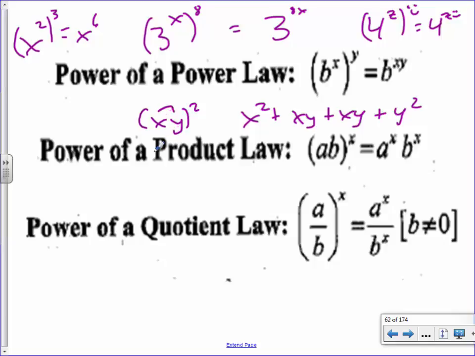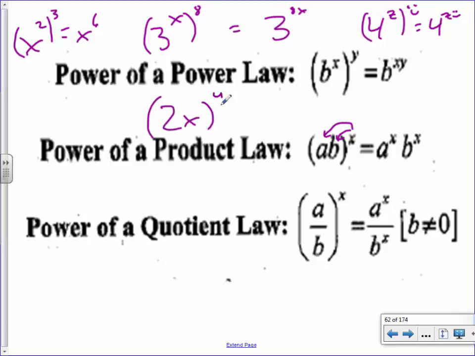So what I just did there was very much wrong. All you do in this case is the exponent applies to the first one and the second one individually. So if I told you that you had 2x all to the power of y, this could be written as 2 to the power of y and x to the power of y. And the same thing applies to dividing, but I think we can probably move past that.